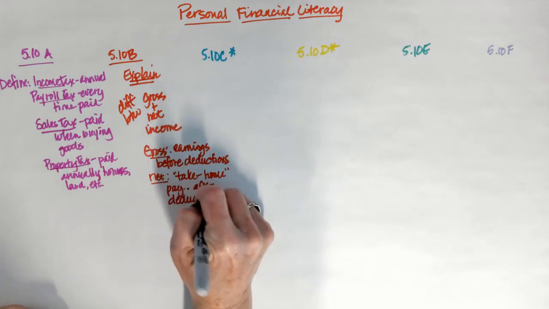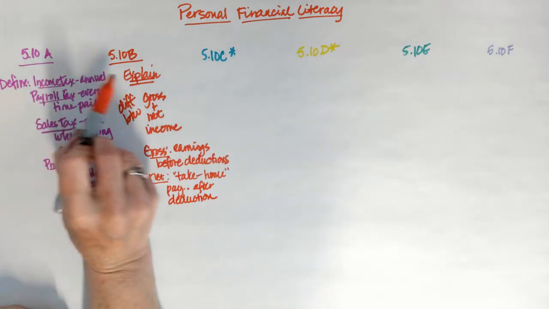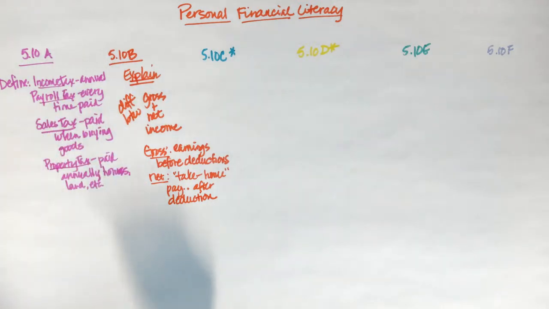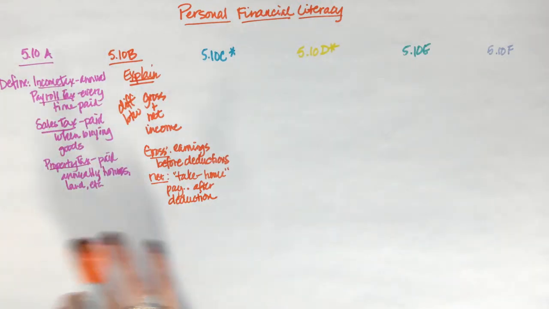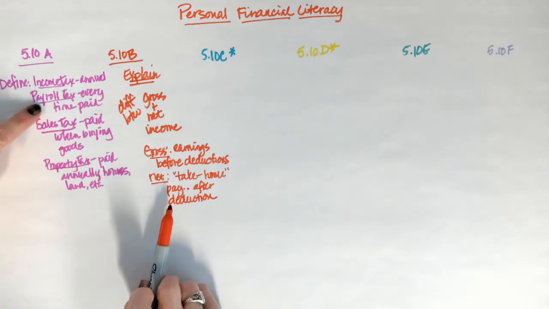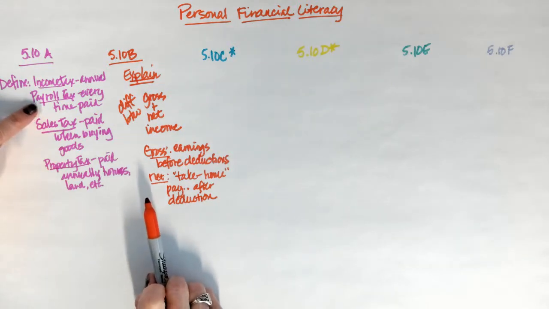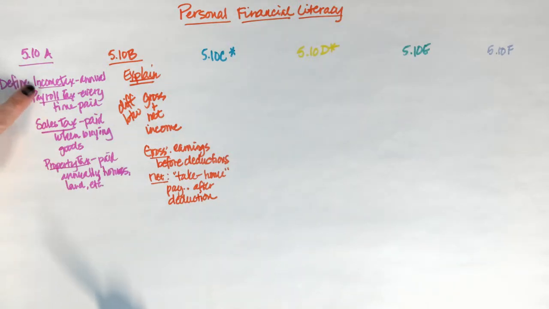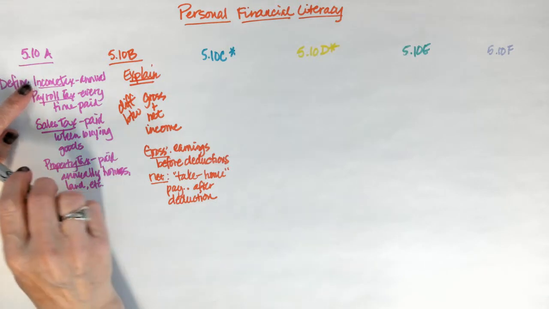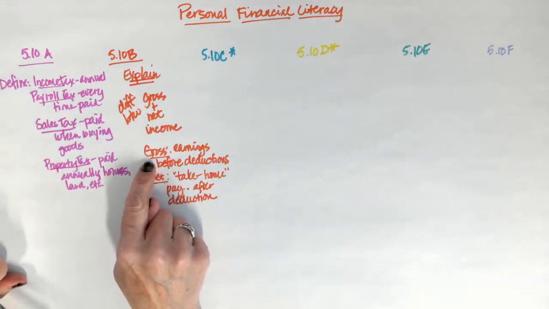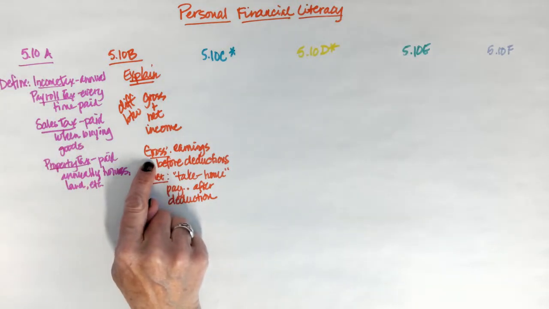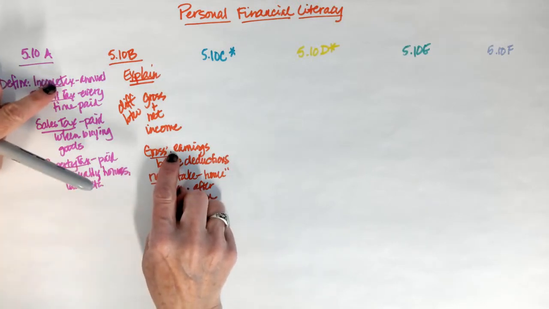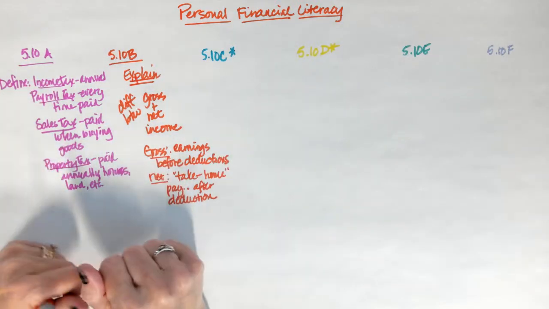So these 2 are usually good to combine in instruction, just because we're learning about definitions of things. We can make the connections back to payroll taxes. We can understand that our income tax is something we pay annually based on our annual gross income. So there's connections here that we can make as we're learning to define.